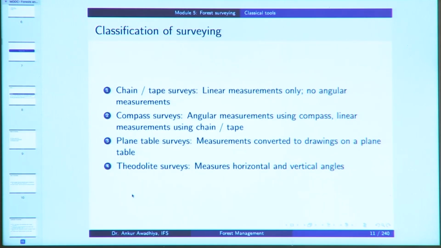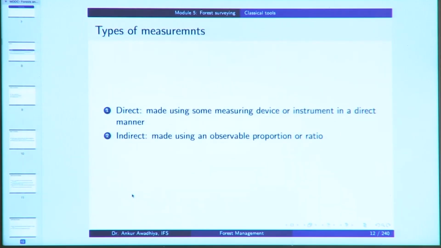Then you have plane table surveys, in which you take measurements and these are converted into drawings on a plane table, and typically you only need to have 2 points, you know the distance between both of these points, they are in a straight line, and for the rest of the points you only take the angular measurements, and just by taking angular measurements you are able to plot them out on the sheet, where you have to measure the horizontal and the vertical angles both.